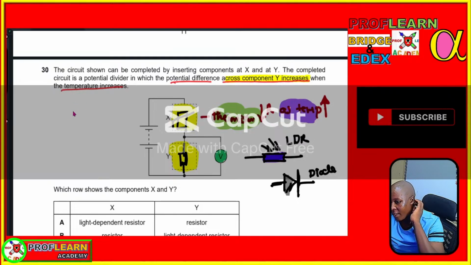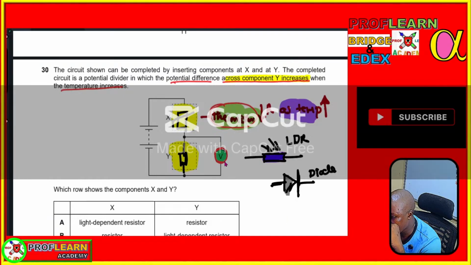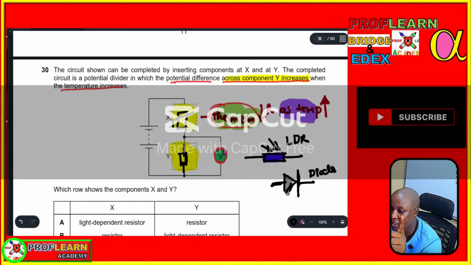If you are told temperature, then we are talking about a thermistor, because a thermistor is the only device whose resistance is affected by temperature. So if the PD here increases when the temperature increases, it means a thermistor is placed here.